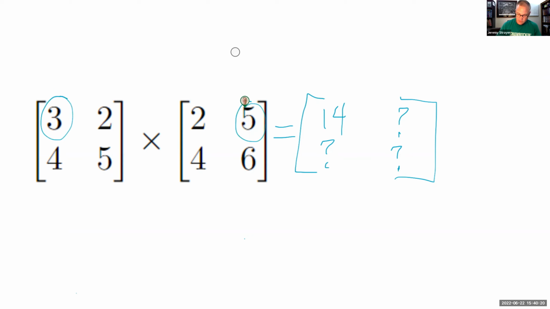It's kind of the first position of the first row and the first position of the second column. So it's going to be 3 times 5 plus, and then again, we'll move in this direction to the second position. So that's a 2, and we'll move in this direction to the second position on the column. That takes us to 6. So we've got 3 times 5 plus 2 times 6.